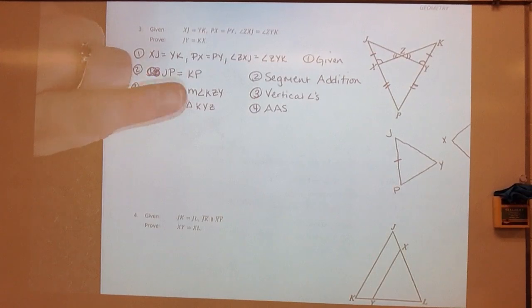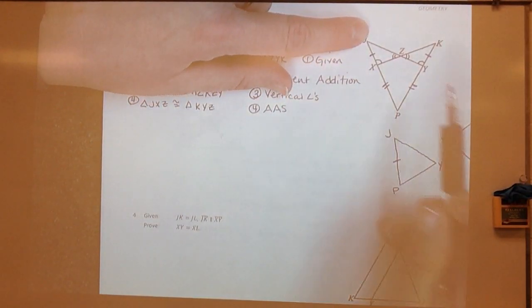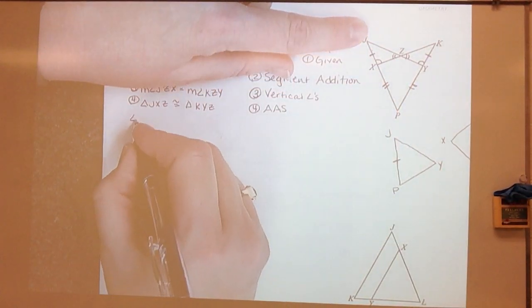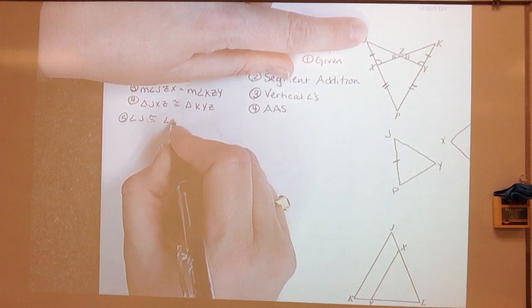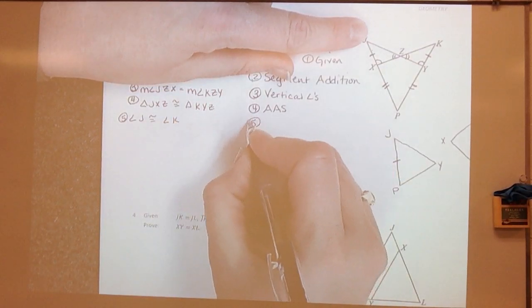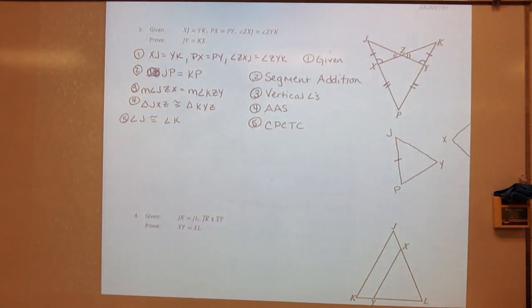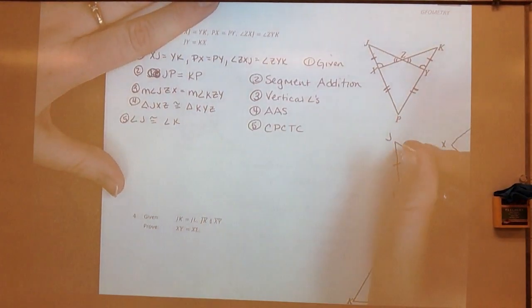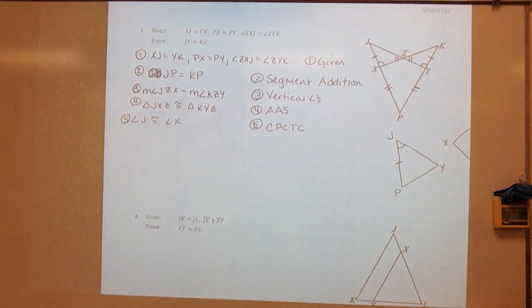So what does that now tell me about angle J and angle K? Angle J is congruent to angle K by CPCTC. Congruent parts of congruent triangles are congruent. So now look what I've done. I have now added an angle to my big triangles.